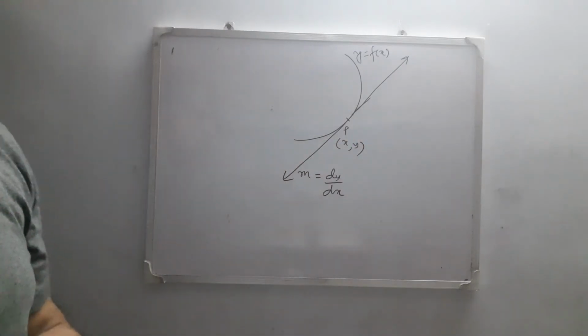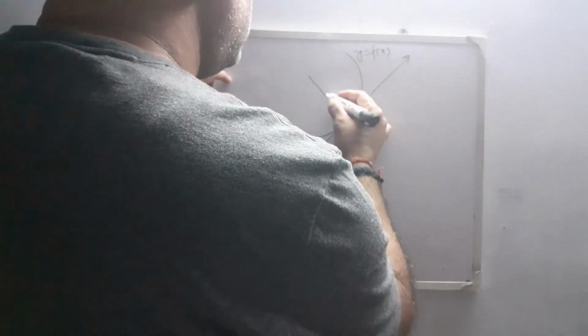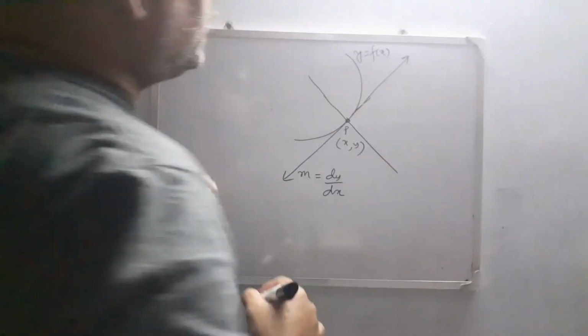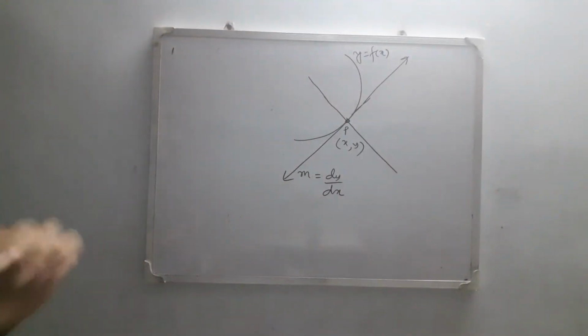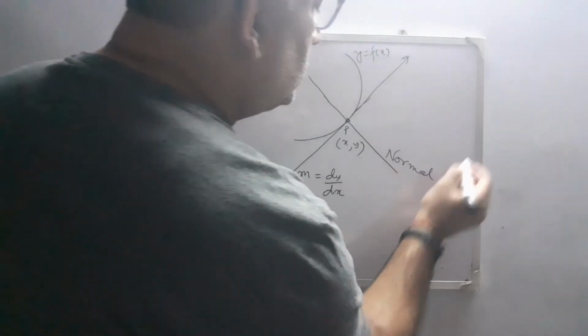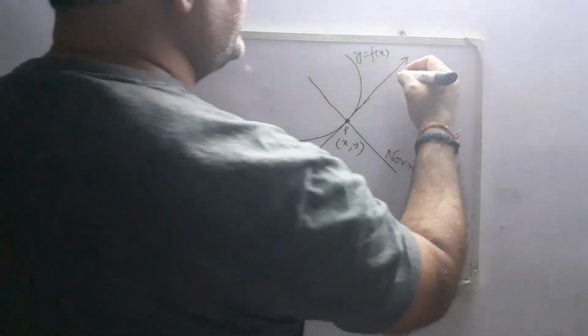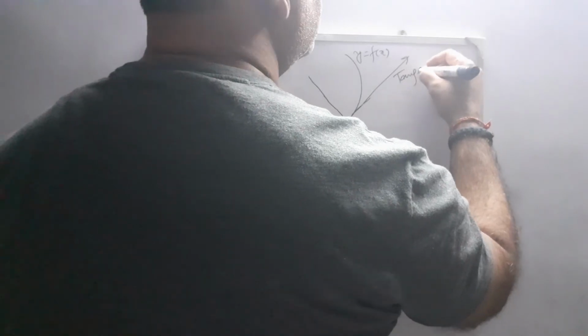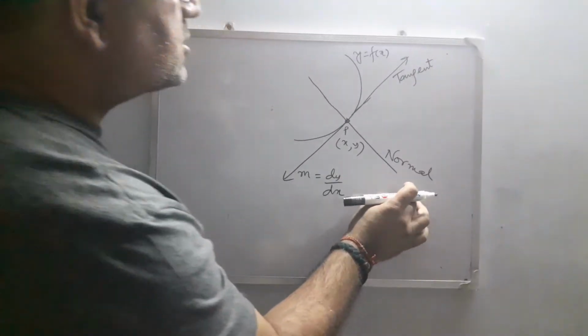The line which is perpendicular to the tangent at the point of tangency, that line is called normal to the curve. This one is tangent and this one is normal.